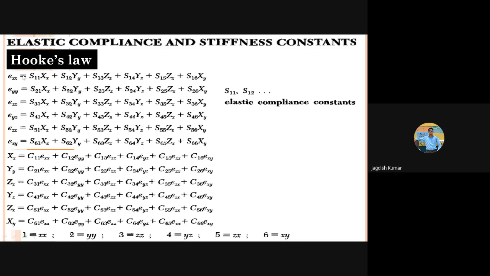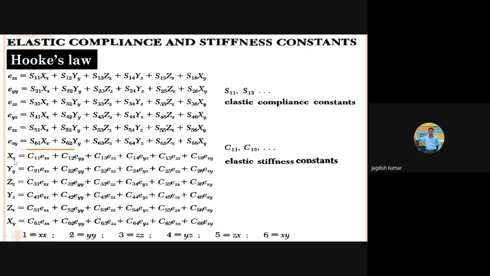You can find the Cij's from the Sij's by taking the inverse of a matrix. These constants are called elastic stiffness constants. The spring constant k in one-dimensional Hooke's law is an elastic stiffness constant.